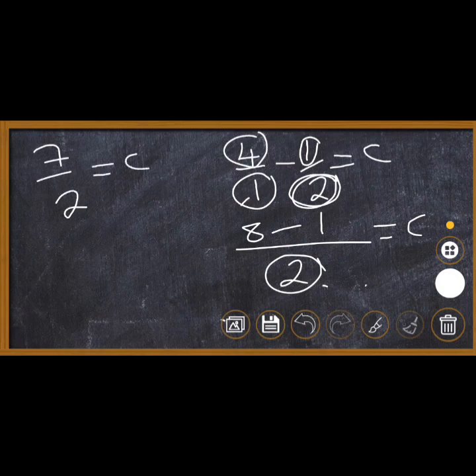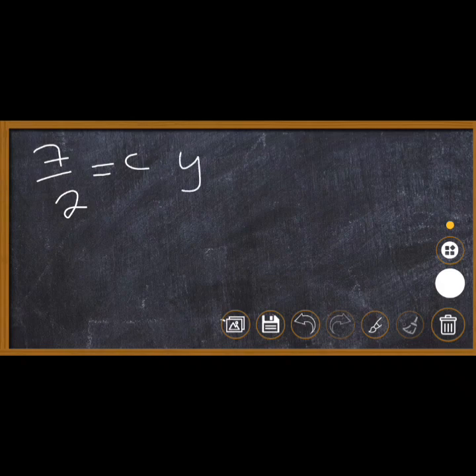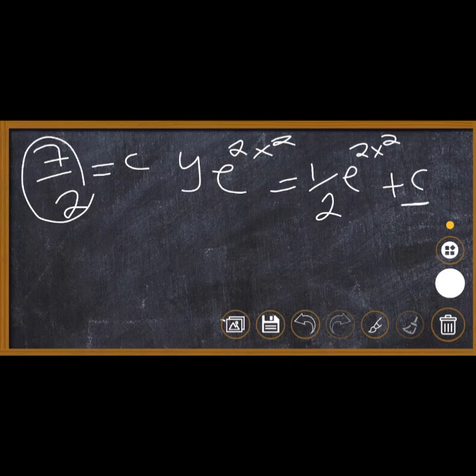In the general equation that we had, if you remember, what was the general equation? If you are taking note of that, you simply replace where there is constant c with the value that you have found. Our equation was y e raised to power 2x squared equals half e raised to power 2x squared, then plus constant c. So where there is constant c, you replace it with 7 over 2.